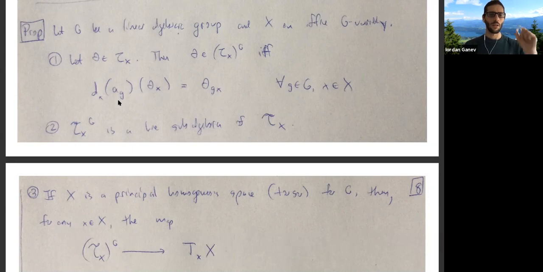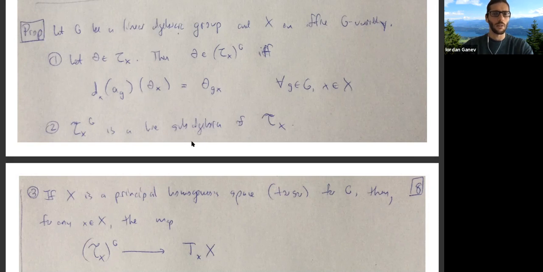I claim that the tangent vector defined by theta at little x goes to the tangent vector defined by theta at g of x. In general it's some other vector in that tangent space, but it turns out to be precisely that vector given by theta. I don't know if that made sense. If you've had differential geometry, then maybe it's clear what I mean here.